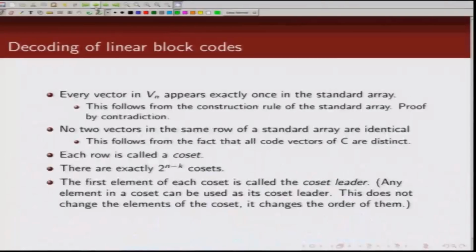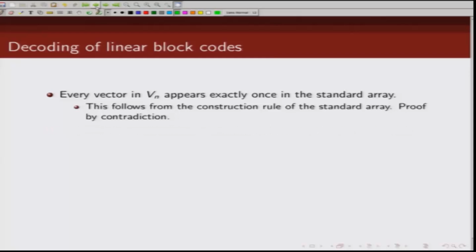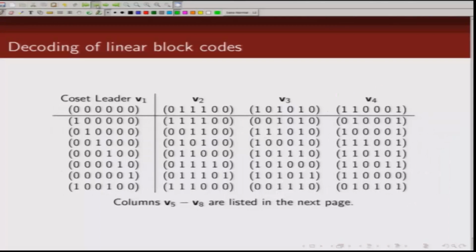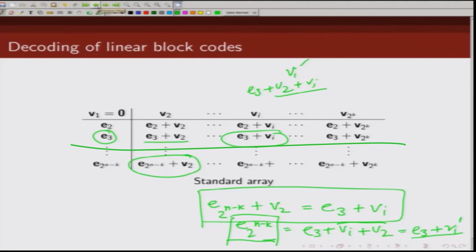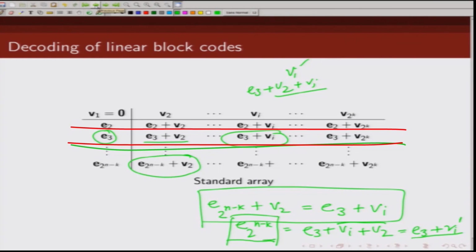We can again go back to our diagram for the standard array and we can see this. You can see in this row is E3, in this row all these elements have E2. So, they will have the same syndrome.